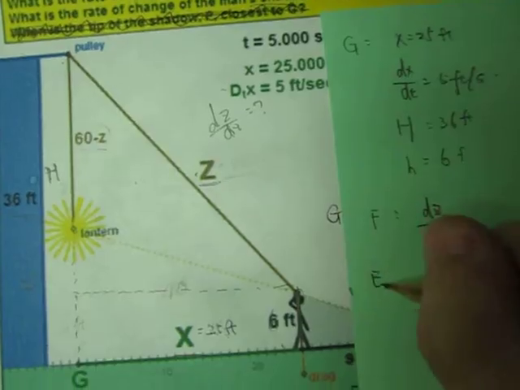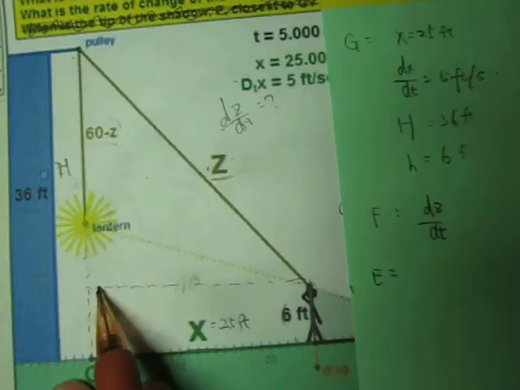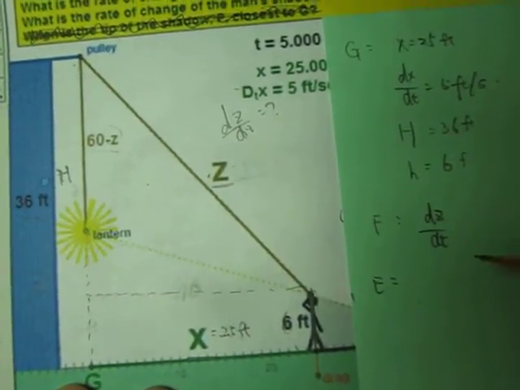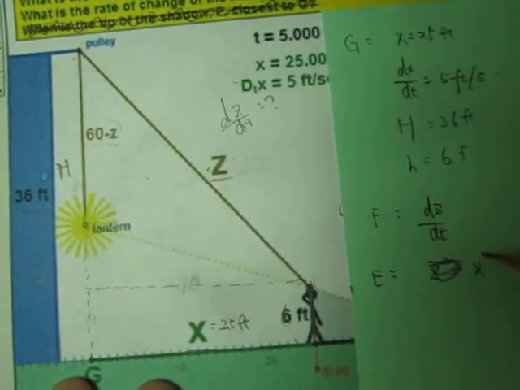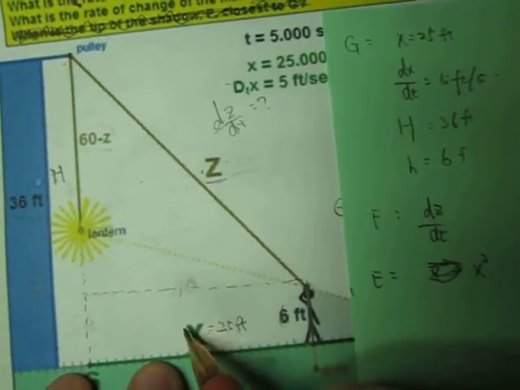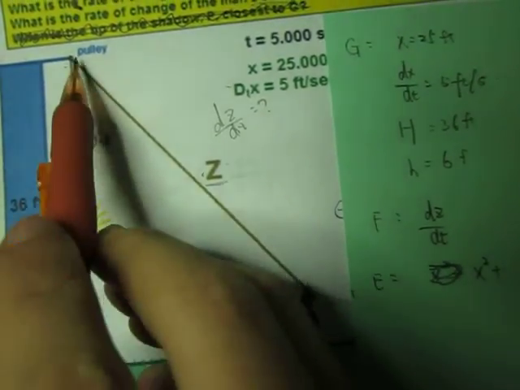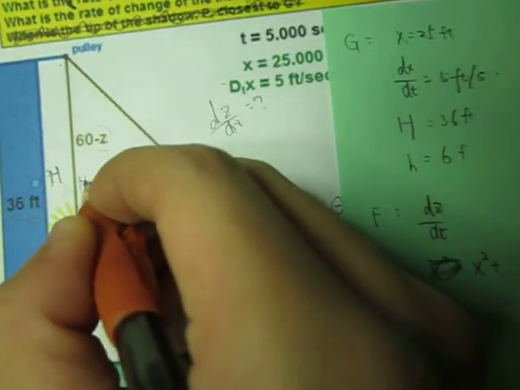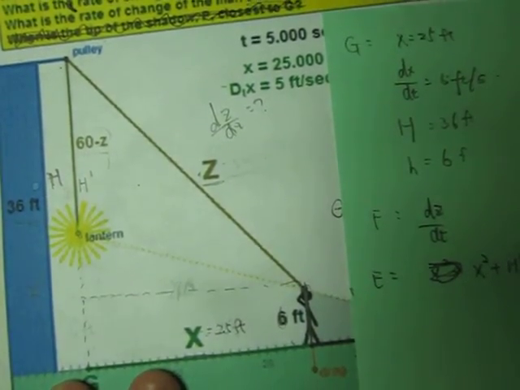So the equation that we want to use: in this picture, there is a right triangle, so this one is x, this one is also x, so it's x squared plus the length of this part, which is labeled by this one, squared, is equal to j squared.